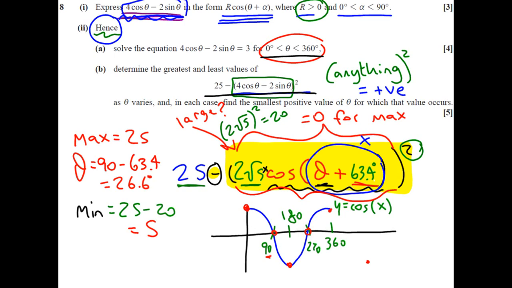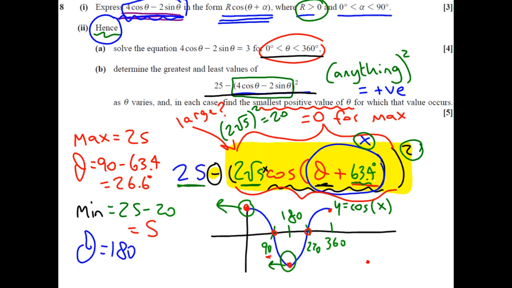We want to know the smallest possible positive value of theta when this happens. So the angles are here, but think about if we start as for our angle x here, we're then going to have to take away the 63.4 and we're going to fail. So we go on to the next possibility here. We're starting on 180. Okay?